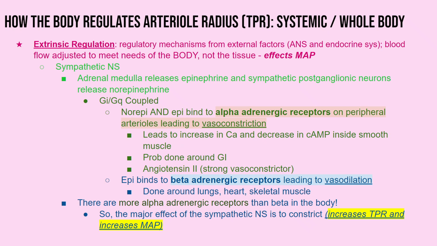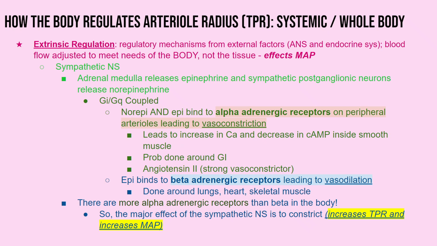Here's how the sympathetic nervous system regulates the arterioles extrinsically. The adrenal medulla releases epinephrine, and sympathetic postganglionic neurons release norepinephrine.